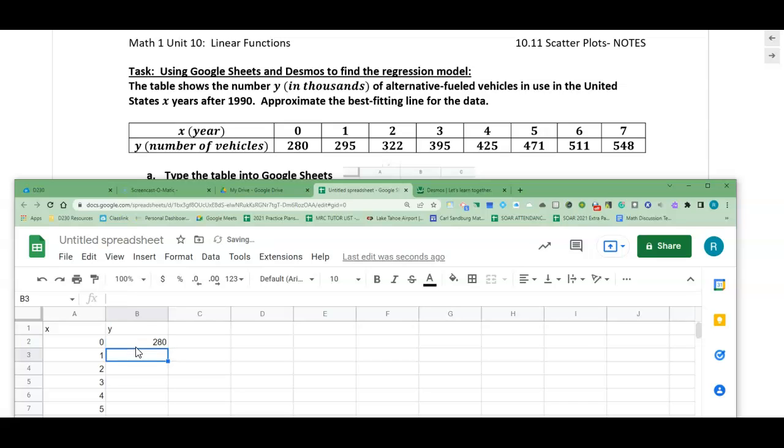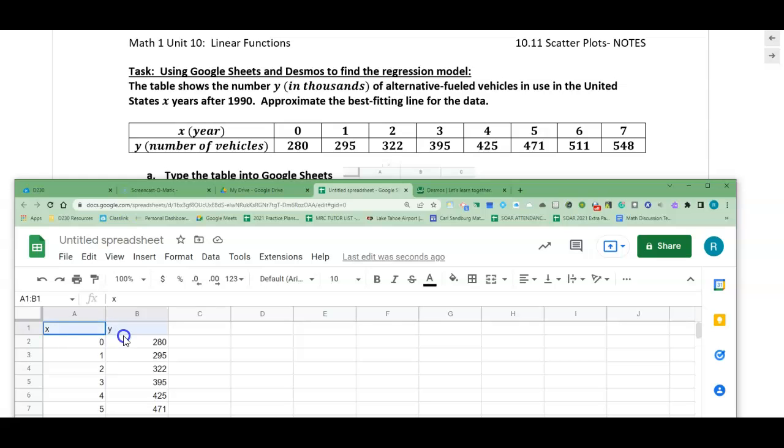So you got 280, 295, 322, 395, 425, 471, 511, and 548. Okay, so if you look here, we have all of our data here. 0 to 80, 1 to 95.